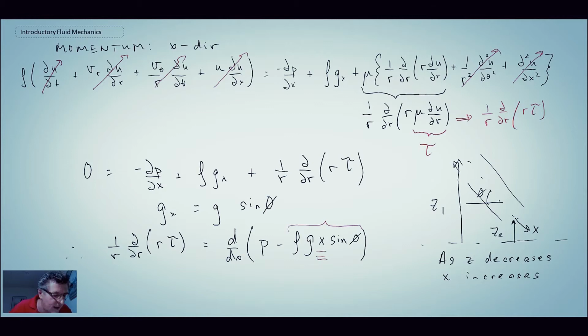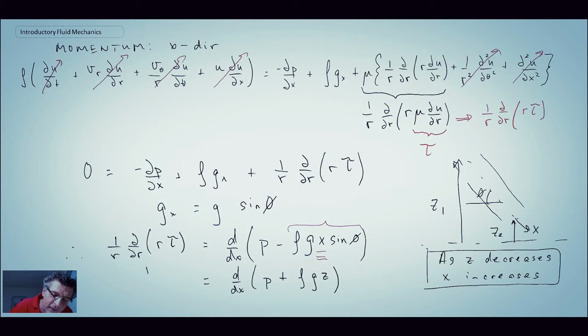And consequently, I'm going to be able to change the sign here, and I can rewrite this as d/dx of p plus rho g z. So I've now used the x sine phi in order to replace that with a z, and I flipped the sign because of this relationship here.